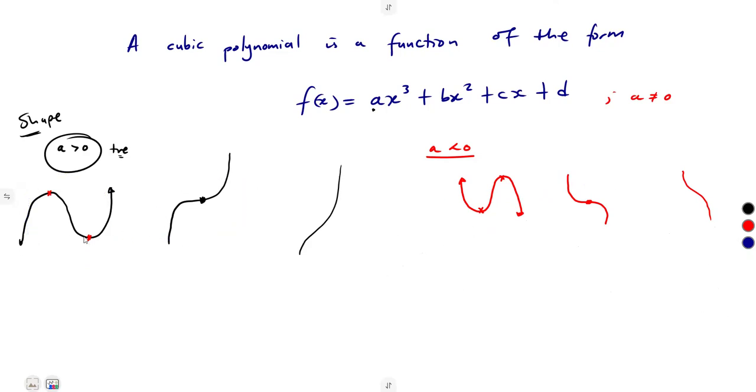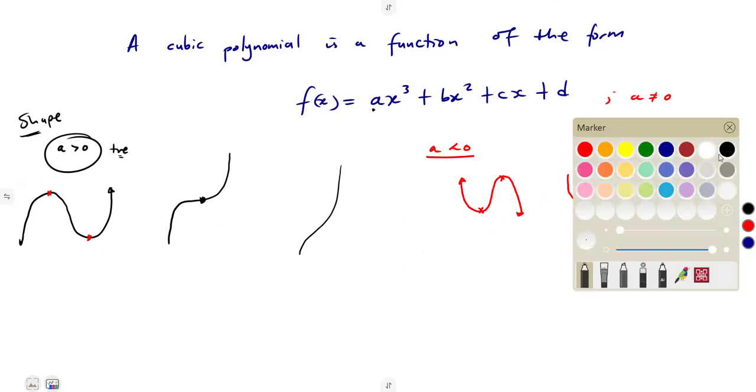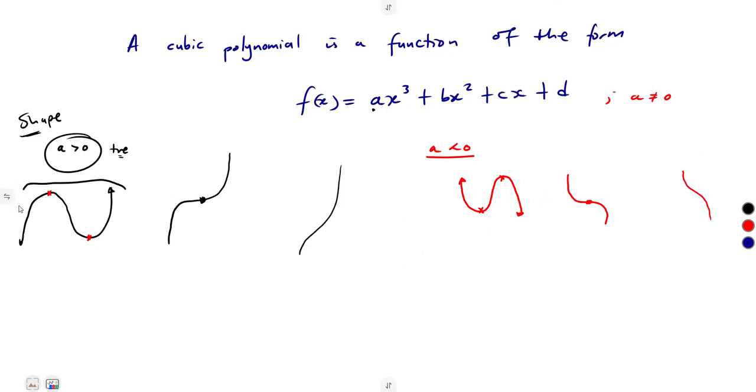With these shapes, I'm going to focus mostly on the one where you have got two turning points. That's the most common case that you're going to have. Yes, you can have any of these, but let us focus on this. In any of the cases, I want you to see something here. Let's say this graph was drawn, a basic graph that we can have of a cubic function.